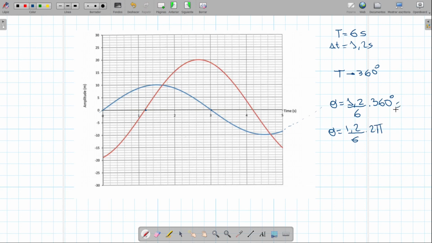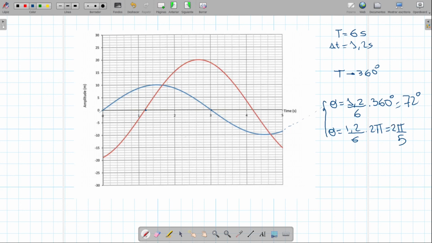So in degrees, we would obtain 1.2 divided by 6 multiplied by 360, which is 72 degrees here. And if we do this in the calculator, that's 2 pi fifths.